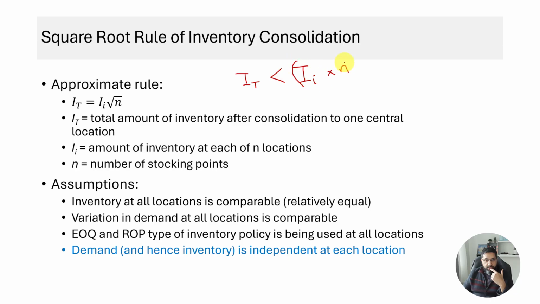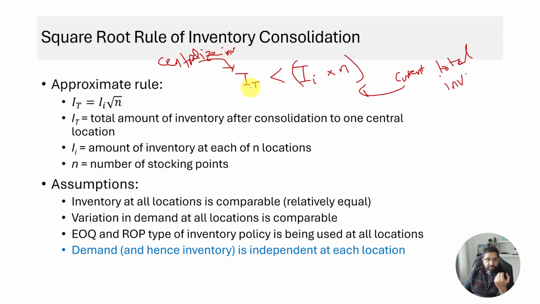Because each location has I_i and you have N locations, N times I_i is the current total inventory. If you centralize, you need less inventory. So I_T is the inventory you get after centralization, if you centralize inventory in one place.